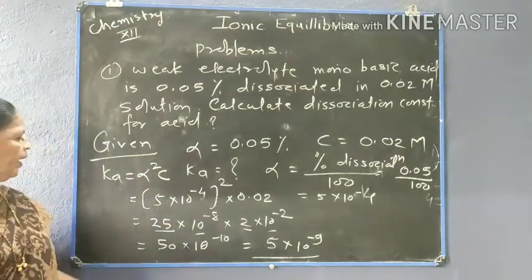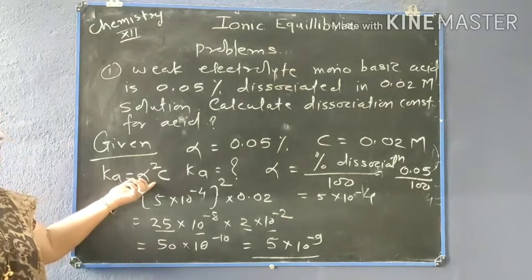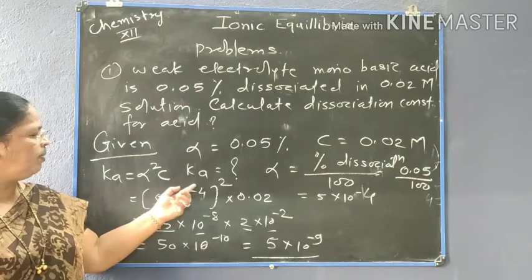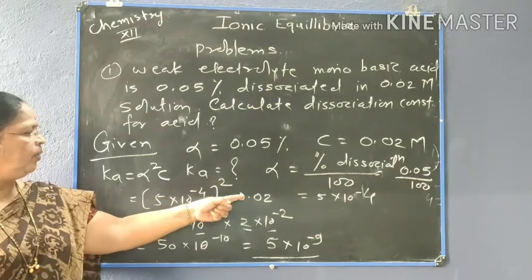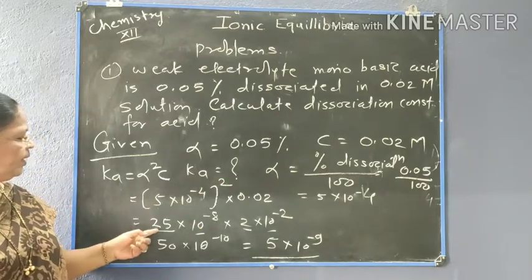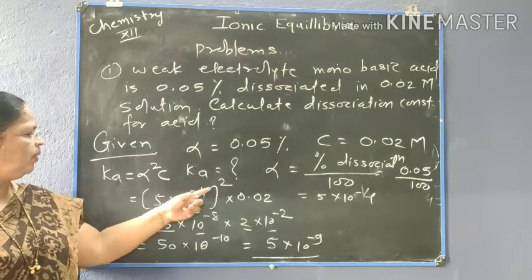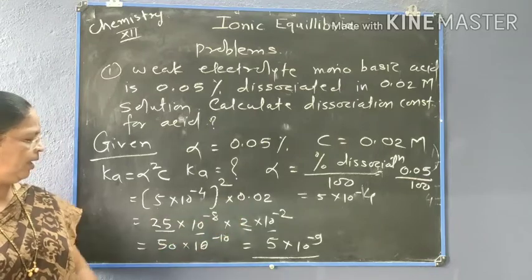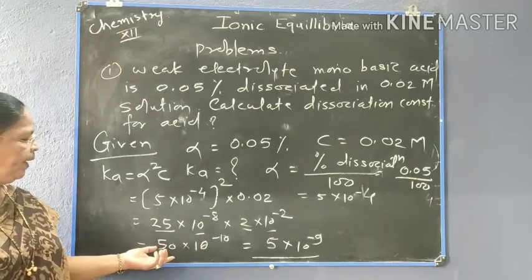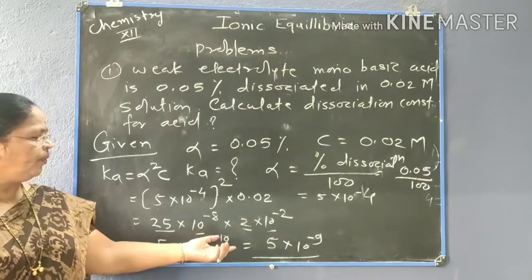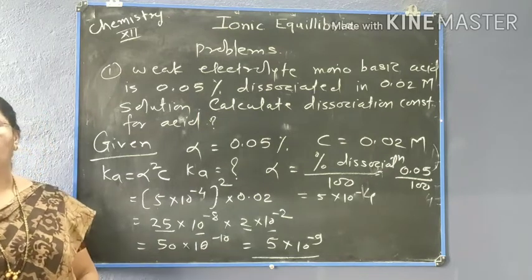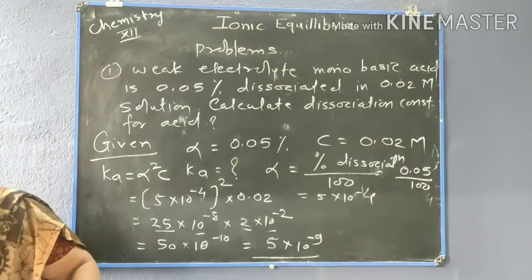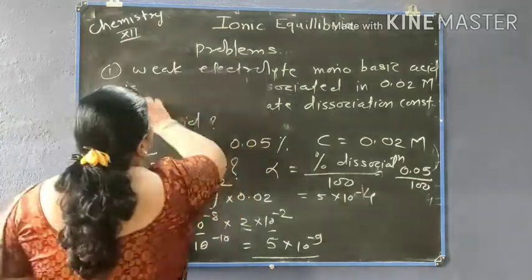Again K is equal to alpha square C. Put the values of alpha and concentration C: 5 into 10 raised to minus 4, squared, into 0.02. Square of 5 is 25, 10 raised to minus 8 into 2 into 10 raised to minus 2. These values give 50 into 10 raised to minus 10, which is equal to 5 into 10 raised to minus 9. Is it clear? Then we will see the next example.